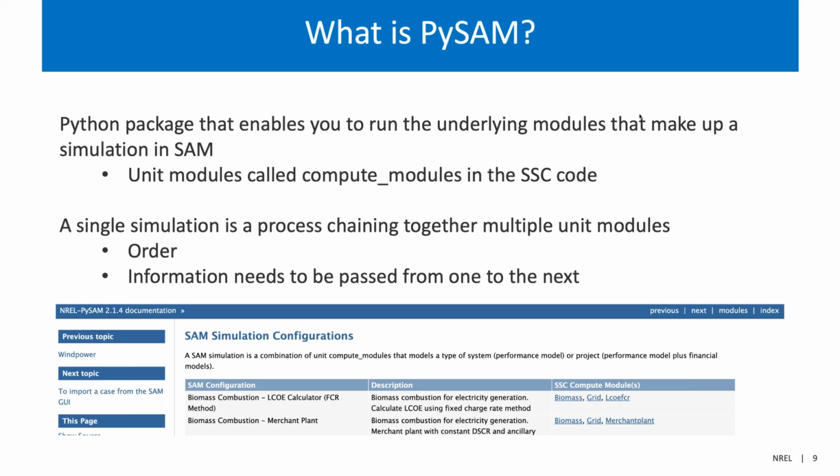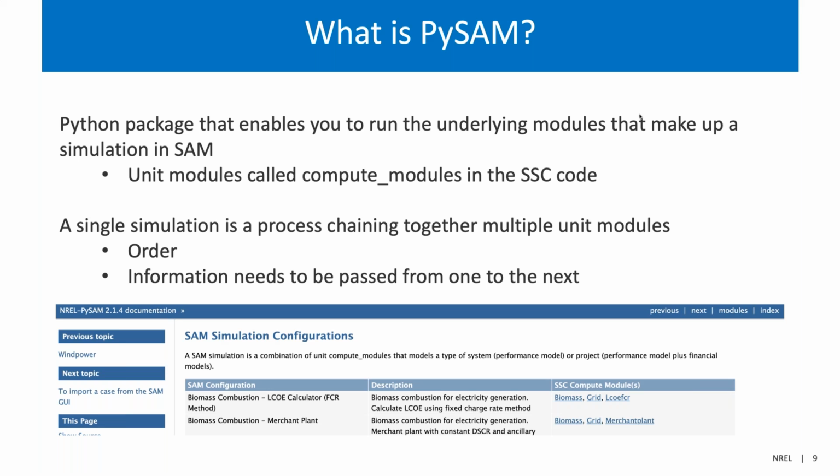So in this screenshot, I'm showing a table that maps SAM configurations to the compute modules or unit modules. A SAM configuration, if you've spent any time in the SAM interface, are types of simulations that pair together a technology and a financial model.